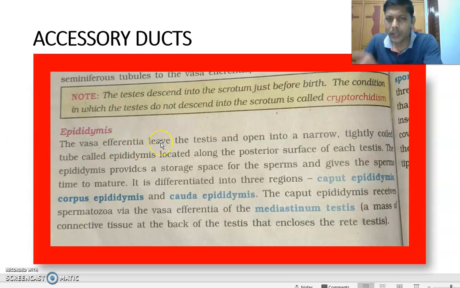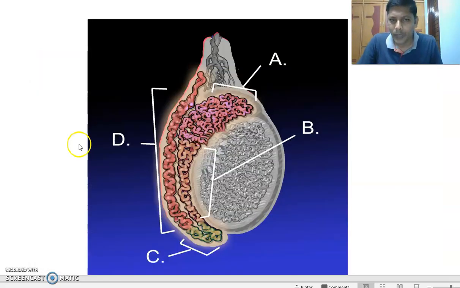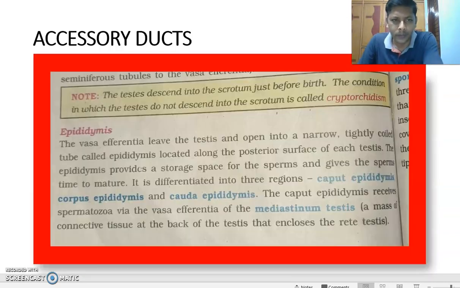The vasa efferentia leave the testis and open into a narrow, tightly coiled tube called the epididymis. It is located along the posterior surface of each testis. This is the anterior surface, and this is the posterior surface.